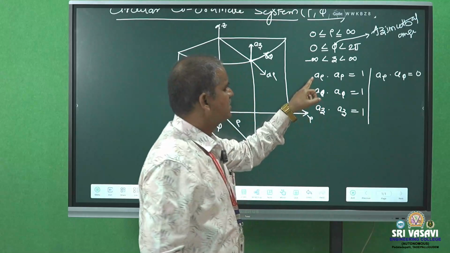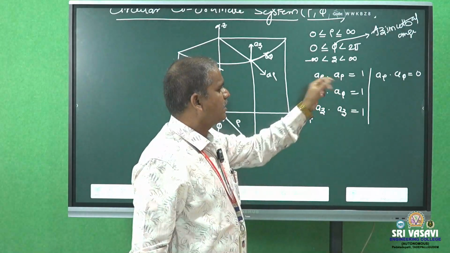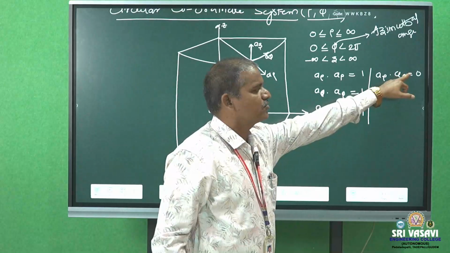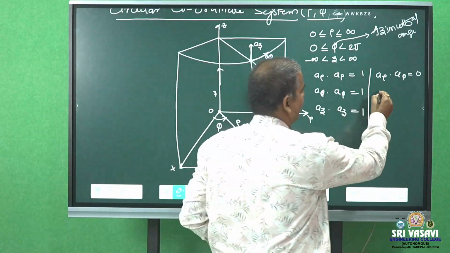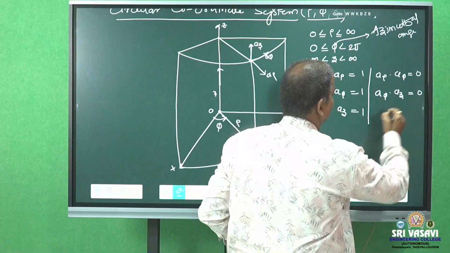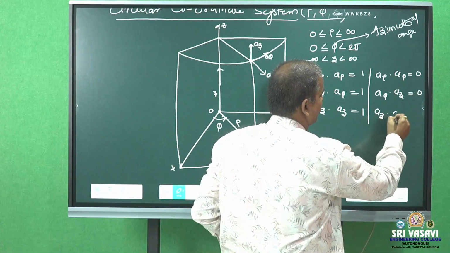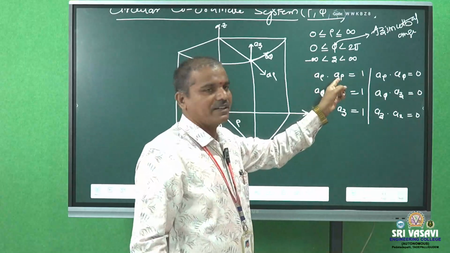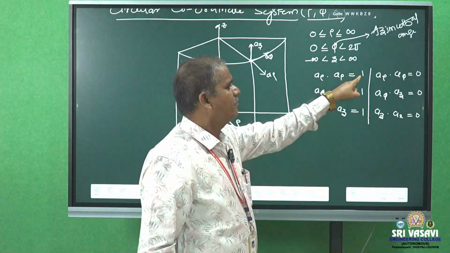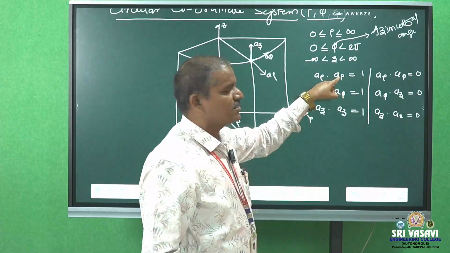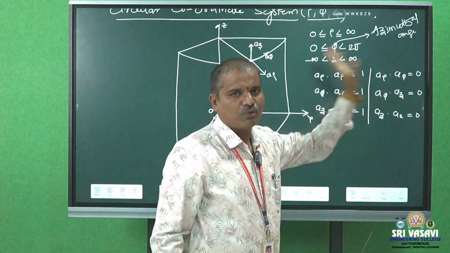Look at the difference: when both are the same unit vector, the result is 1; if a different unit vector comes in, it is 0. Similarly, a phi dot a z equals 0, a z dot a rho becomes 0.